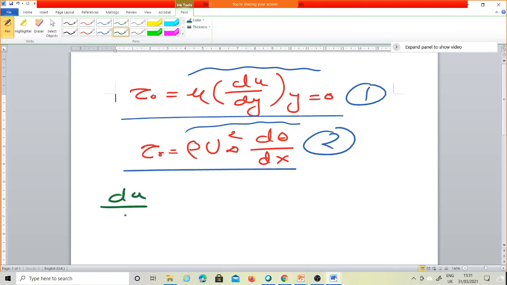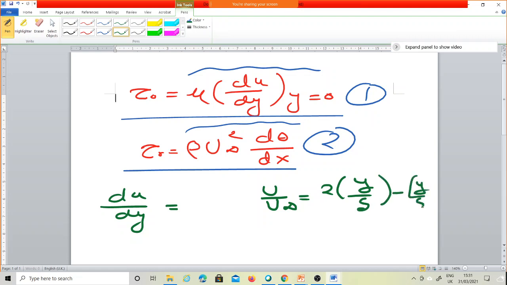You know that du by dy we already got before, or you can say that u by u infinity is equal to 2y by delta minus y by delta squared.